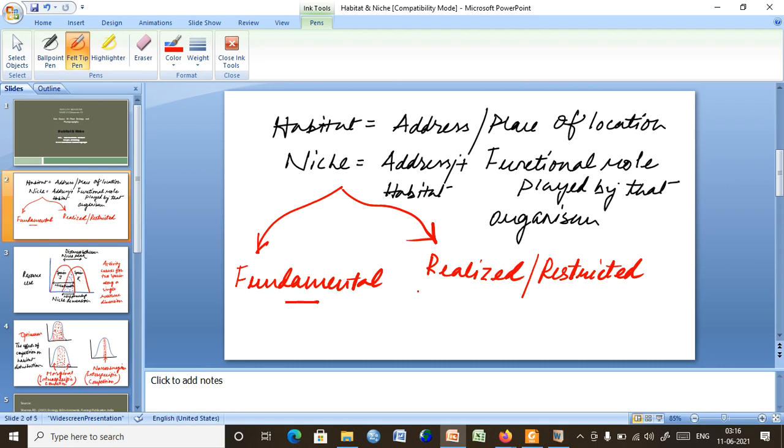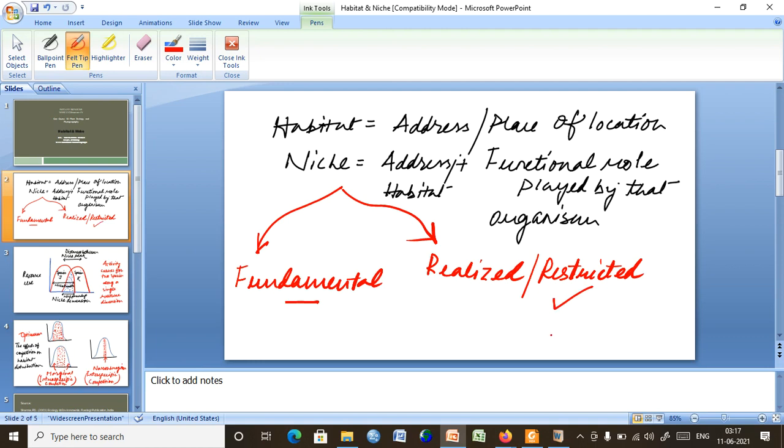Actually, these two concepts were first established by Sir Hutchinson. The fundamental niche is the maximum abstractly inhabited hypervolume, that is, when the species is not constrained by competition or any other limiting biotic interaction. The second one, the realized or restricted niche, is a smaller hypervolume occupied under particular biotic interaction.